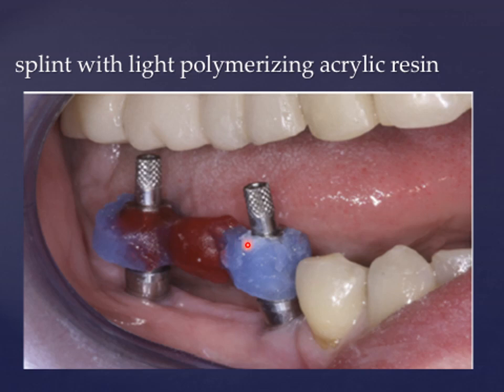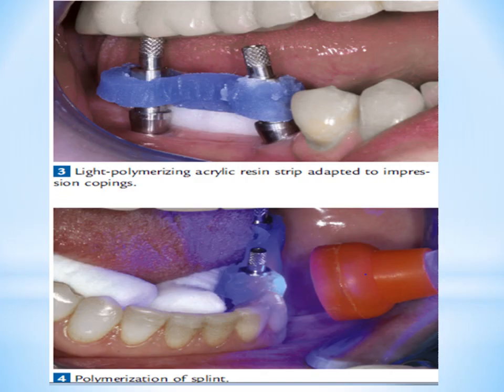Here we have a space and we used the open tray technique, so to be sure that these impression posts will not move during taking the impression, they used this method. Light polymerizing acrylic resin strip adapted to the impression copings, and then this acrylic resin will be polymerized using a curing light.